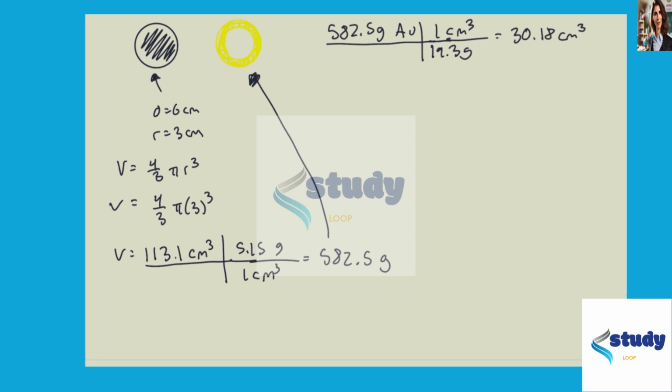So what we know is that the volume of a sphere should be equal to the volume of gold plus the volume of the hole. And we know the volume of the sphere, we now know the volume of the gold, and we can solve for the volume of the hole.